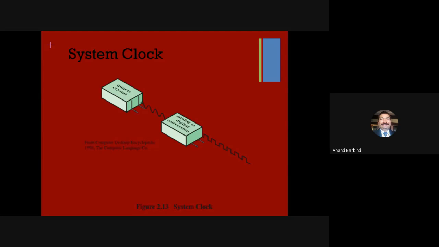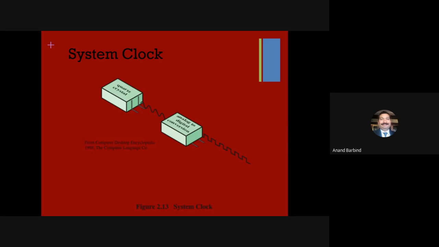A counter is a circuit which counts. What does it count? It counts the pulses. Whereas the shift register is the circuit which shifts the bits. Either you can shift left or you can shift right. In case of serial in and serial out, it is shifting of the bits.